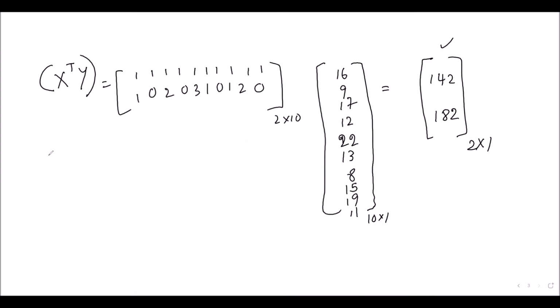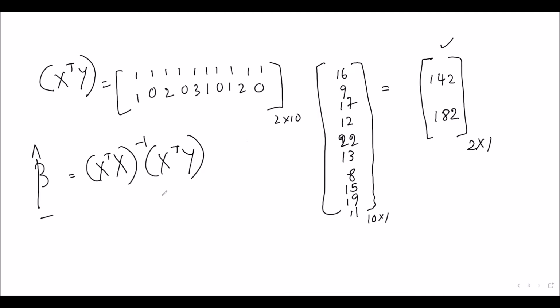So your end goal would be estimating the beta vector, right? That is X transpose X inverse X transpose y. So we computed this quantity. We are going to substitute that here: 1 over 5, negative 1 over 10, negative 1 over 10, and 1 over 10.